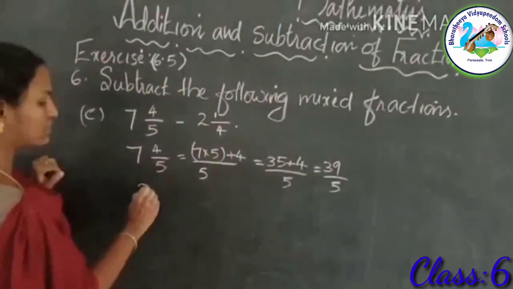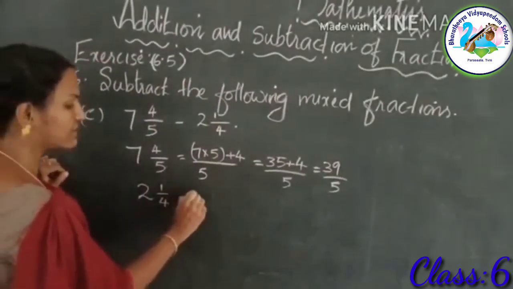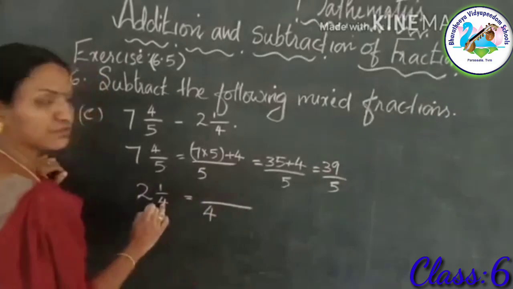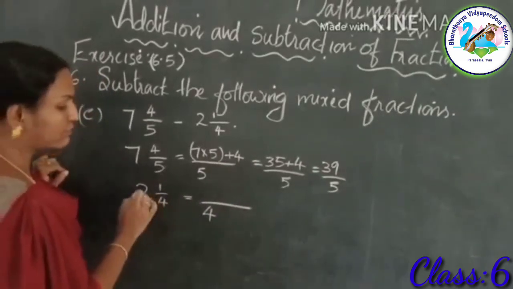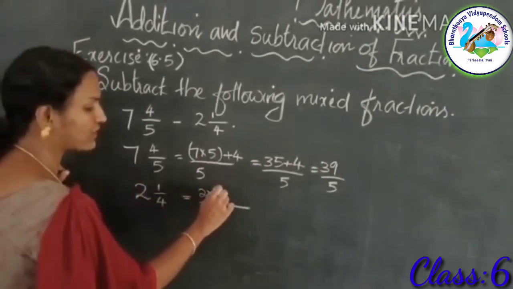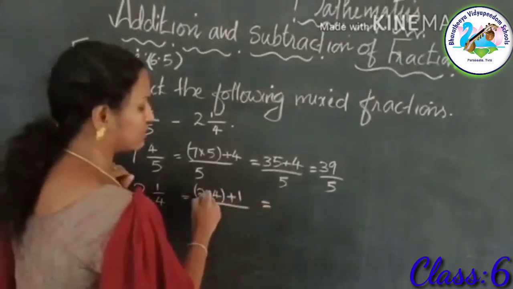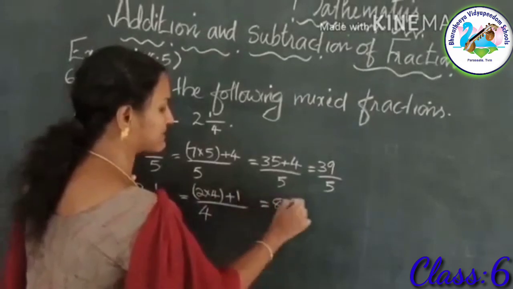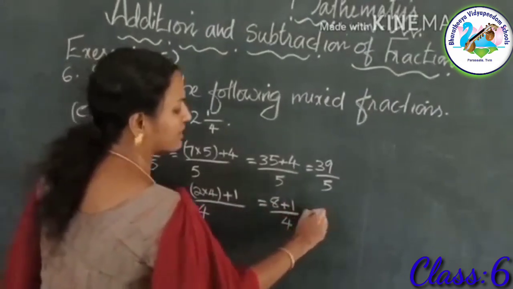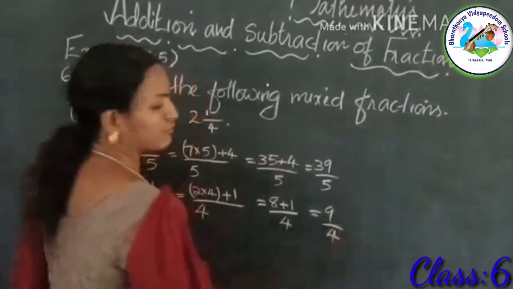The next fraction 2 1 by 4 is equal to, then the denominator is 4. Multiply 2 and 4. 2 into 4 plus 1 is equal to, 2 into 4 is 8. 8 plus 1 by 4 is equal to 9 by 4.